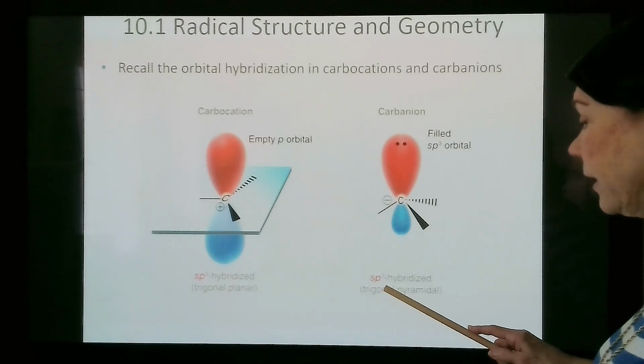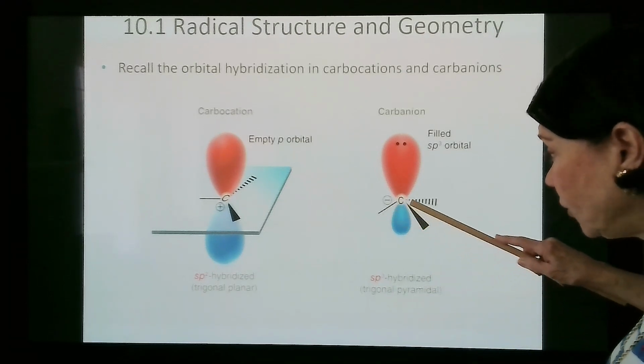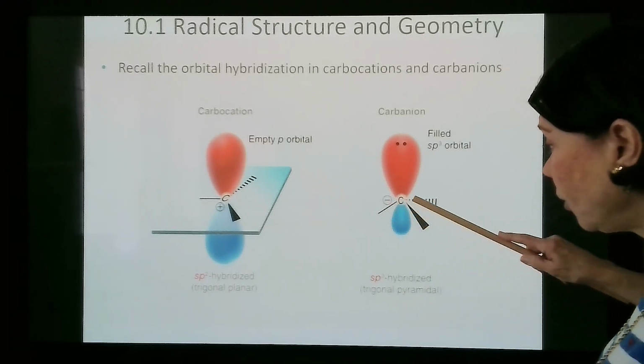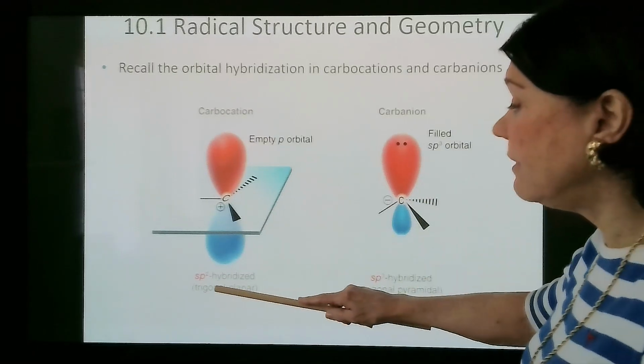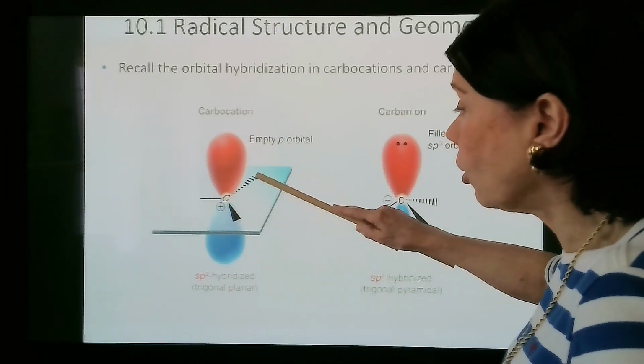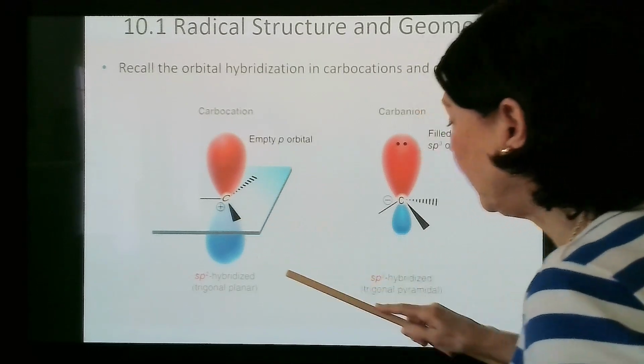This is trigonal pyramidal. Notice how the bonds are no longer lying in the same plane. This is trigonal planar. Notice all of these bonds are in the same plane.